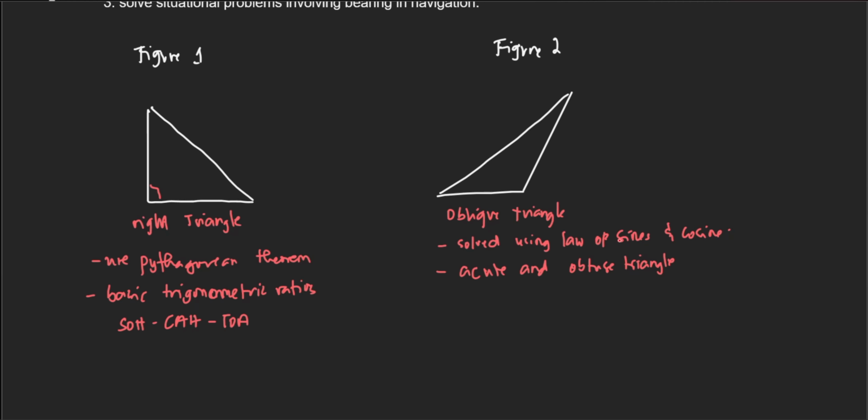Okay, and what these types of triangles have in common is that they have three sides and three angles.